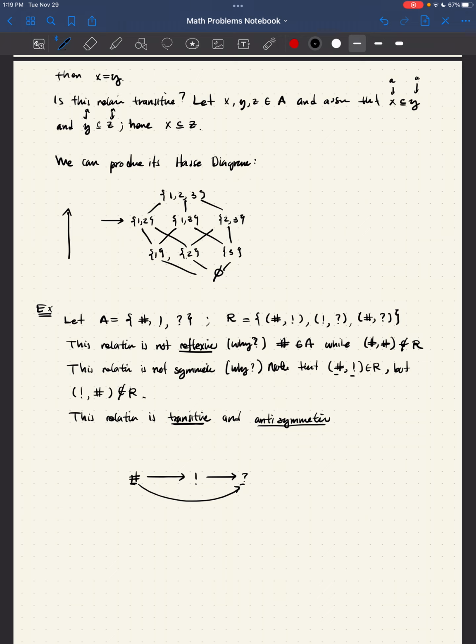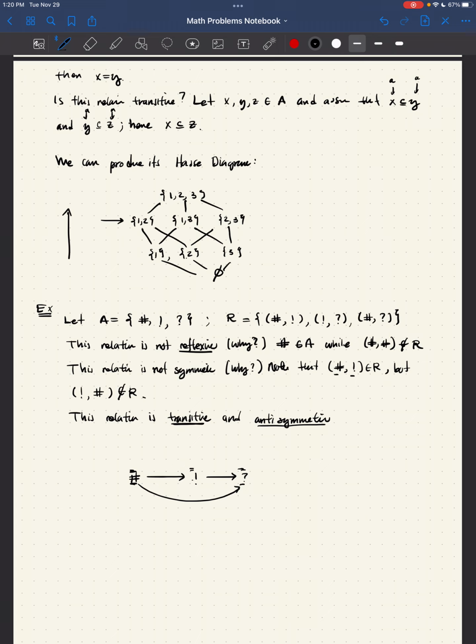For antisymmetry, well, what we should think is that whenever you see an arrow between different elements, you shouldn't see the arrow in the opposite direction. Well, look, this one is related to that one, they're different, but I don't see the arrow going in the opposite direction. This one and this one are related, but I don't see the arrow going in the opposite direction. This one and this one are related, but I don't see the arrow in the opposite direction. So indeed, it is antisymmetric.